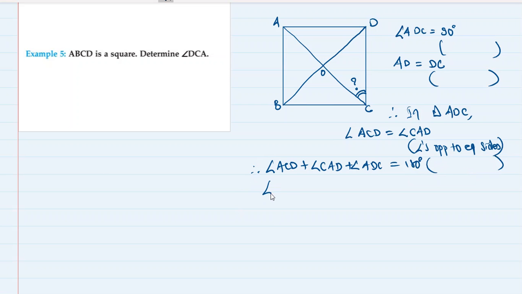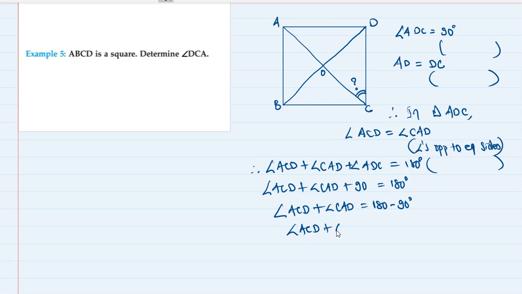So angle ACD plus angle CAD plus 90 is equal to 180 degrees. So angle ACD plus angle CAD is equal to 180 minus 90. So angle ACD plus angle CAD is equal to 90.